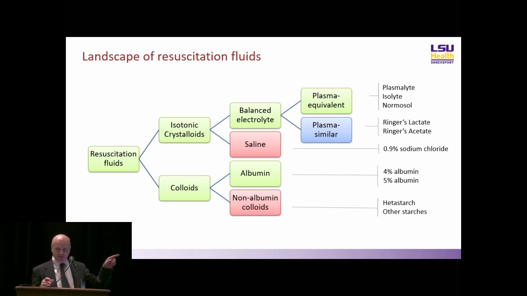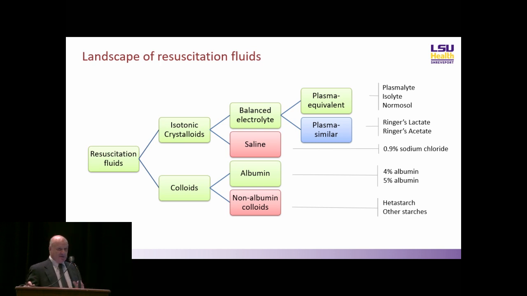And that's why the saline is in a little red box instead of in a little green box. With colloids, we have albumin as well as non-albumin colloids. But in critical care, the use of non-albumin colloids has pretty much fallen off for a variety of reasons I'm not going to discuss, including in instances an increase in mortality. So I'll put a little red on the non-albumin colloids.